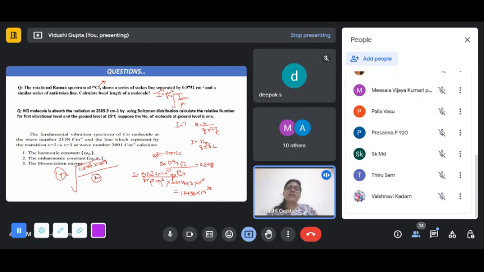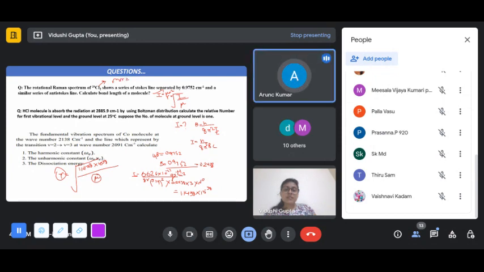What are you taking as the values of M1 and M2? The mass of chlorine is 35.5. So it is M1 M2 divided by M1 plus M2.